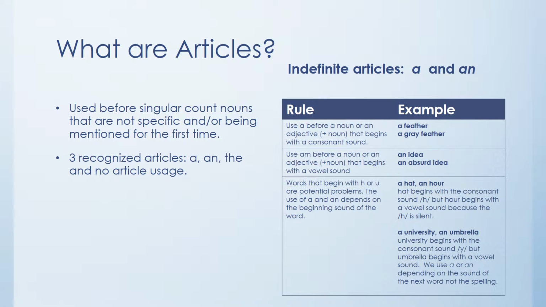And one of these examples is a hat, an hour. And hat begins with a consonant sound, h, but hour begins with a vowel sound because the H is silent.